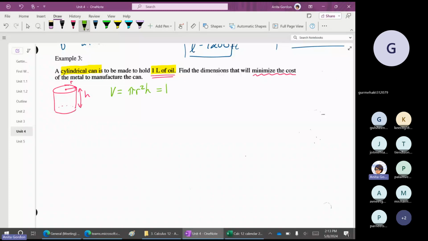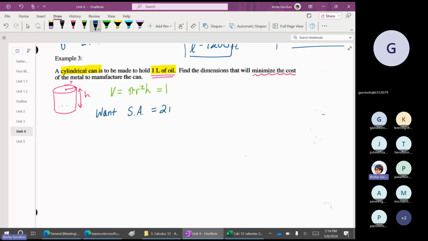Okay? What do we want? More money. When do we want it? Now. Surface area. Remember, surface area is the sum of the areas of all the pieces of the can. What do we see on the can? 2 circles.